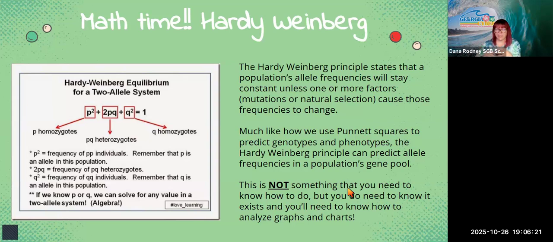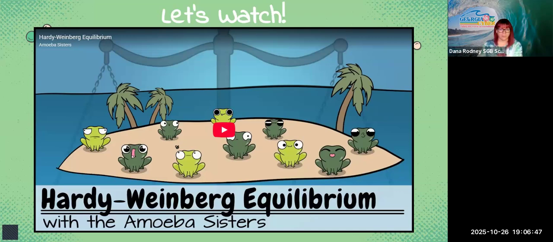That's very rare, because most of the time populations are not in that equilibrium. We can use this principle to predict allele frequencies in a population's gene pool. As far as the math goes, you do not need to know how to do it. You do, however, need to know it exists. And you've also got to be able to analyze graphs and charts. So let's take a quick view of Hardy-Weinberg.